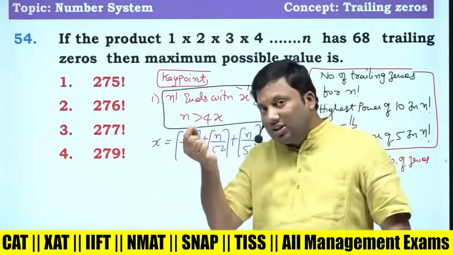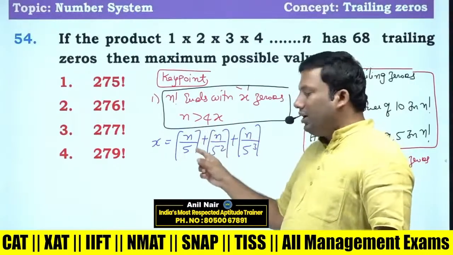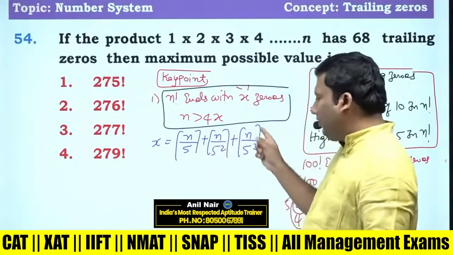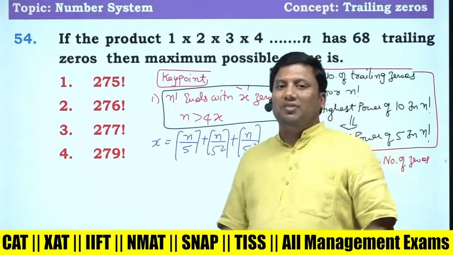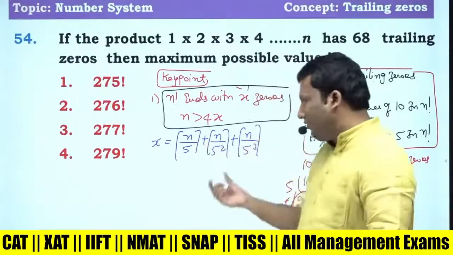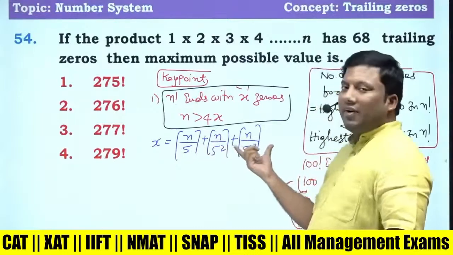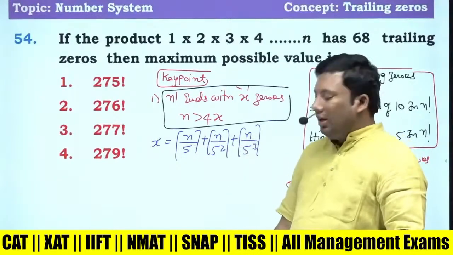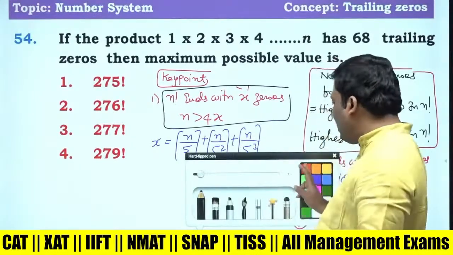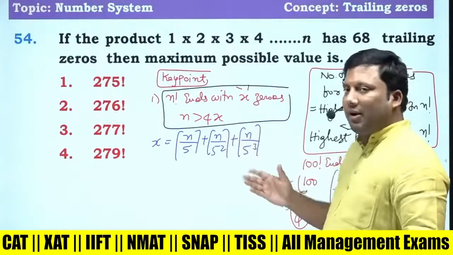If n is 1000, 1000 by 5, 1000 by 25, 1000 by 125, 1000 by 625, these keep on dividing, will stop at a point depending on the value of n.